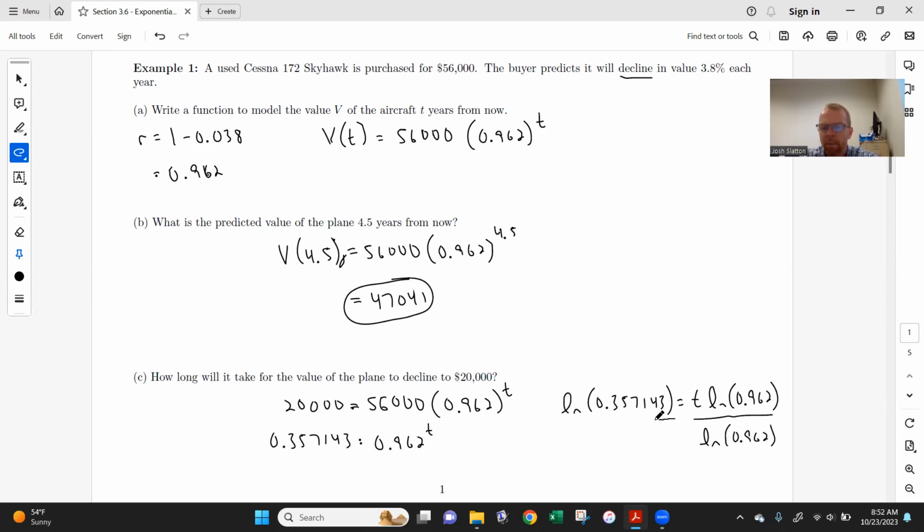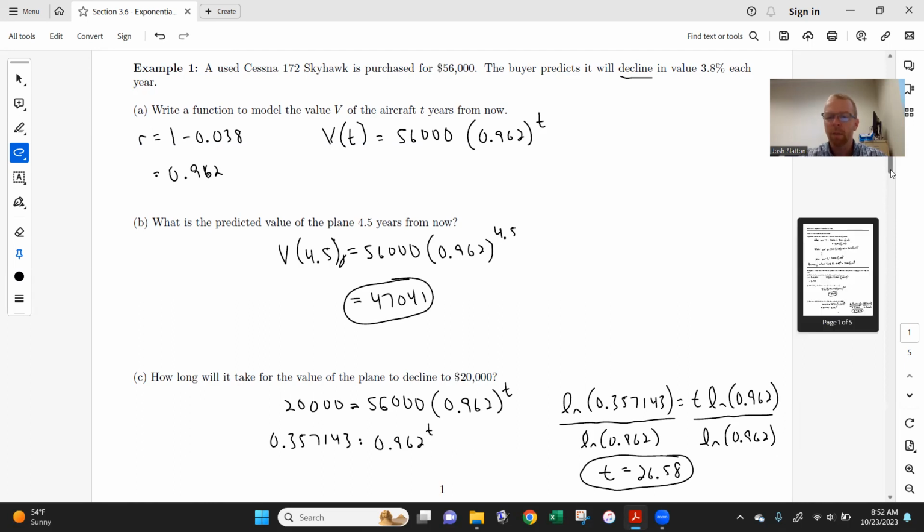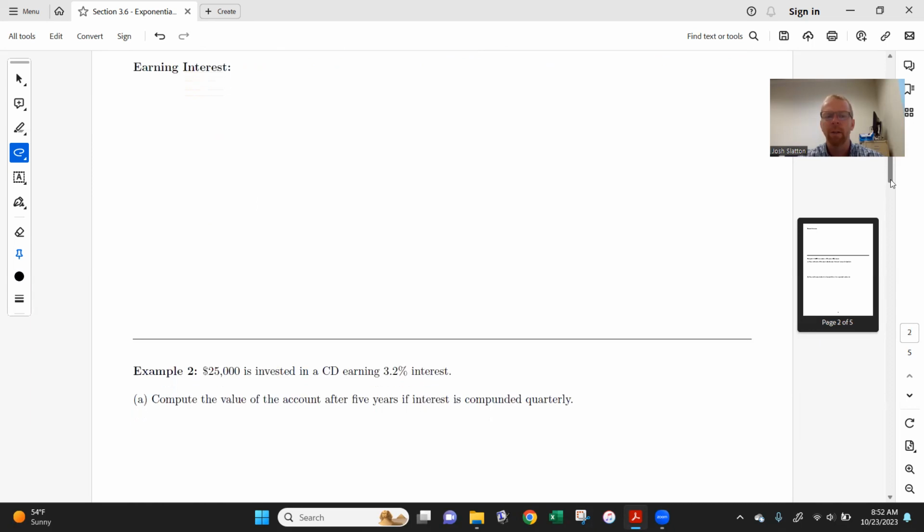And we get t, which should come out to 26.5. So far, nothing really that you wouldn't have seen in an algebra class. I'm just setting these up and solving for t, or solving for b, or whatever it is.